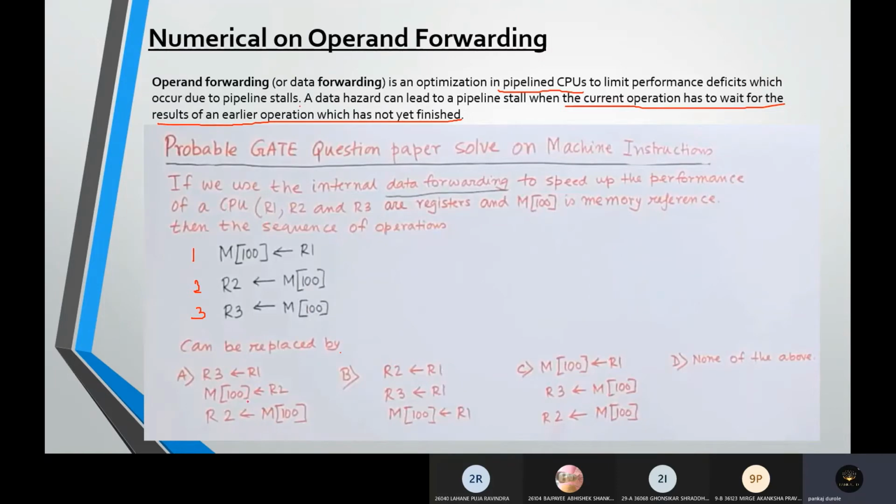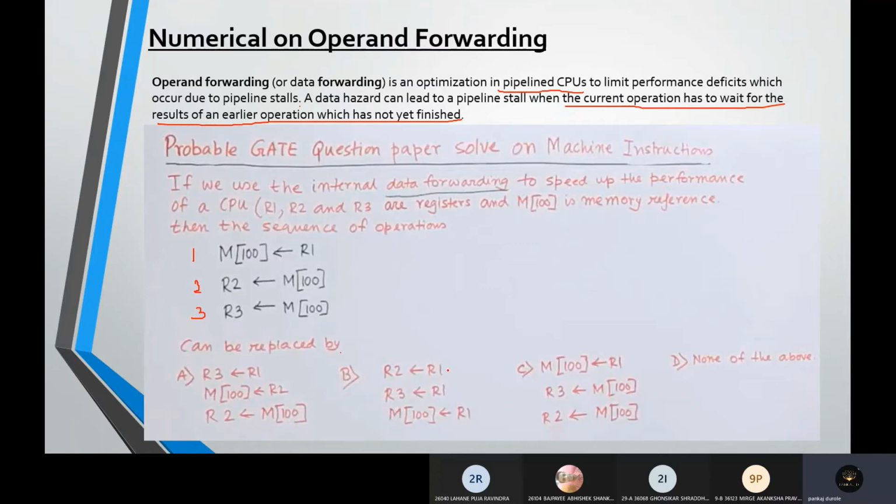Here there is no dependency between these two instructions because R1 and R3 registers are used, and here we are transferring the data from R2 register to the memory location. There is a dependency only between these two instructions, because we are moving the contents of memory location 100 to R2 register. But all these three instructions are not dependent on each other.